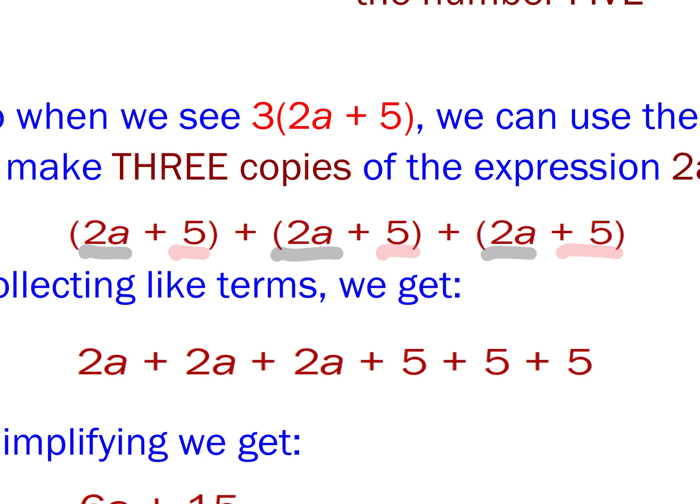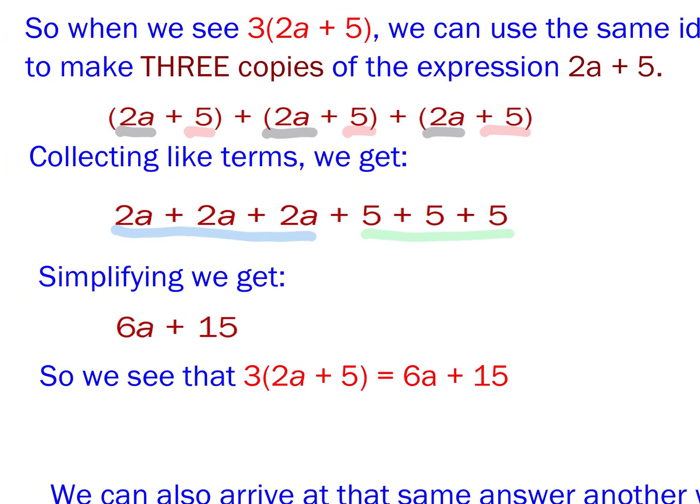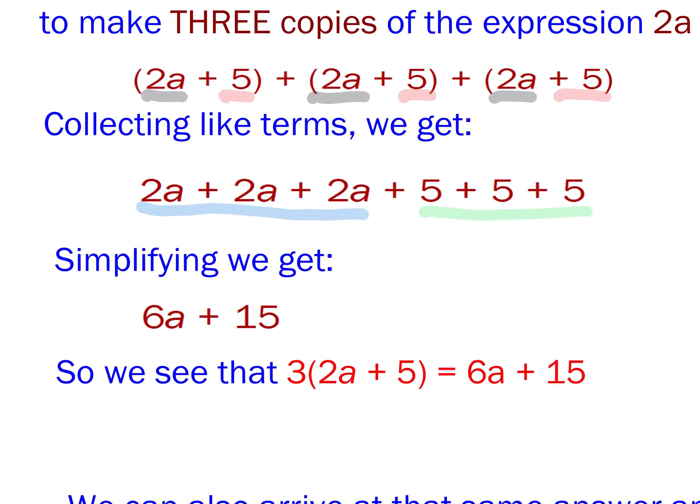Then we make sure to put all the 2a's together and all the 5's together, and then we just simplify. 2a plus 2a plus 2a is 6a. And 5 plus 5 plus 5 is 15. So 3 times 2a plus 5 is 6a plus 15.